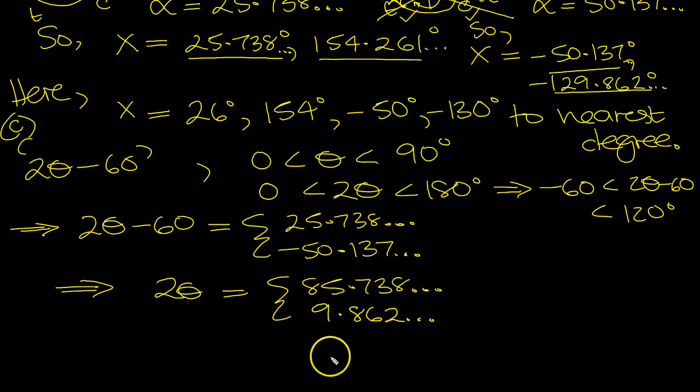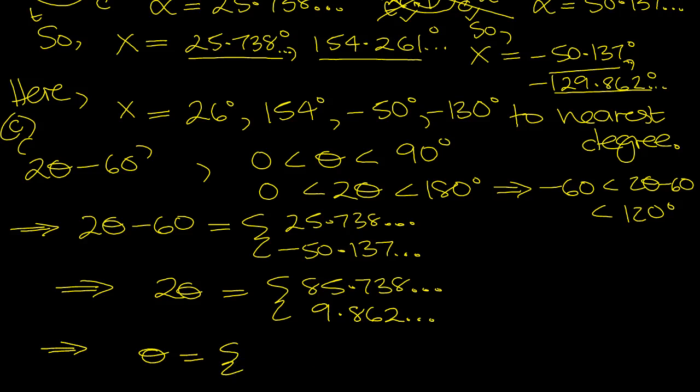That's it. Okay. So 60 take away 50.137 is 9.862 degrees. So divide by 2. Theta is equal to then.